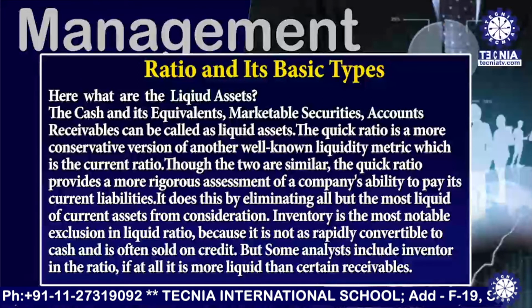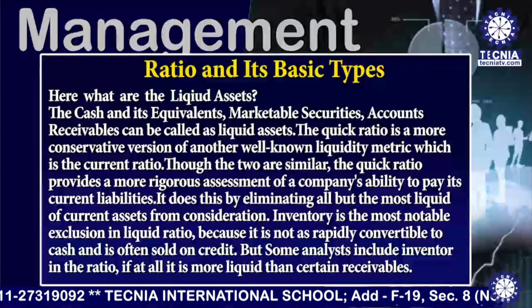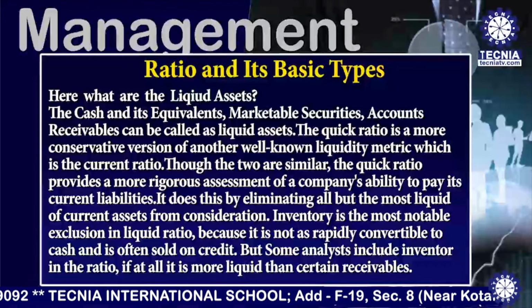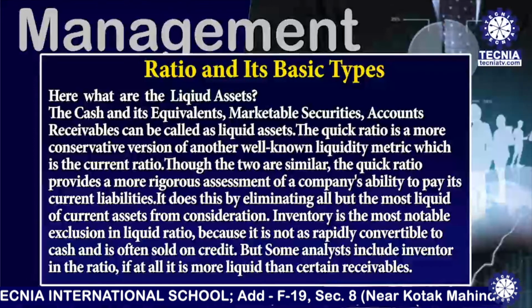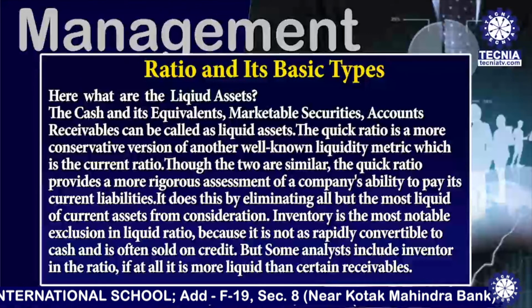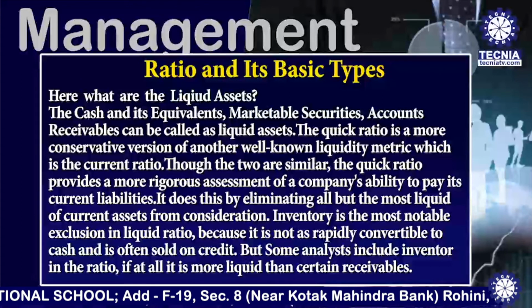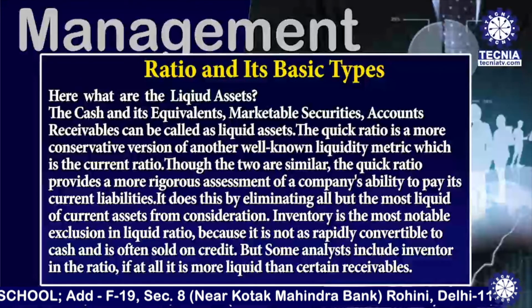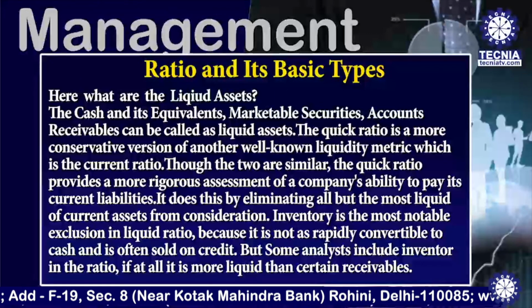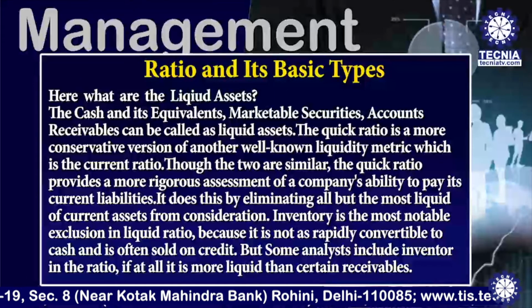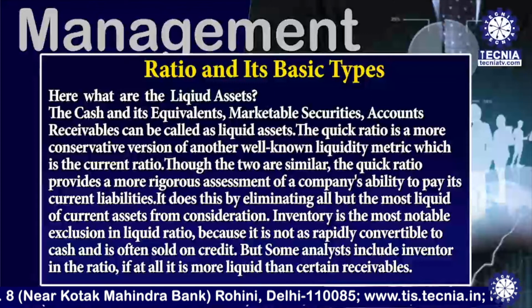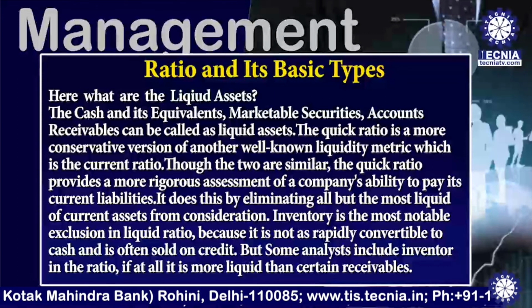Though the two are similar, the quick ratio provides a more rigorous assessment of a company's ability to pay its current liabilities. It does this by eliminating all but the most liquid of current assets from consideration.